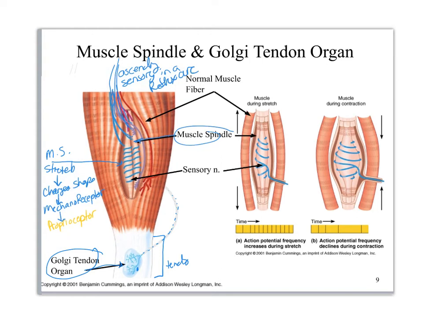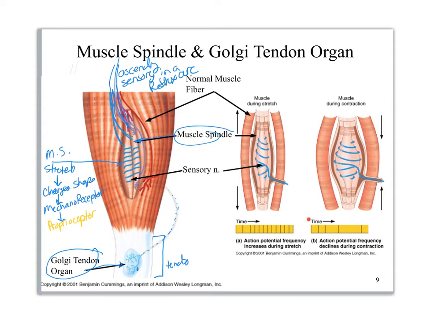Now what we're going to do is come over here, and you can see that we've got it blown up right here, and you can see the muscle during stretch versus the muscle during contraction. And when the muscle is stretched, you can see that the muscle spindle is long and skinny. But when it's not, it's big and fat and bulgy.